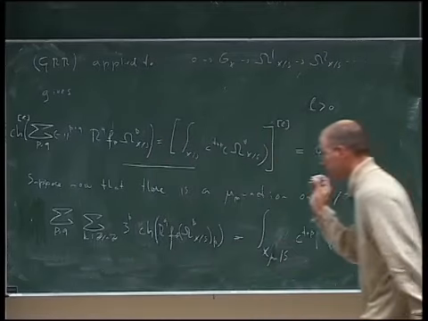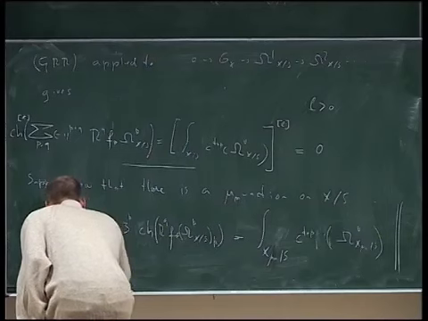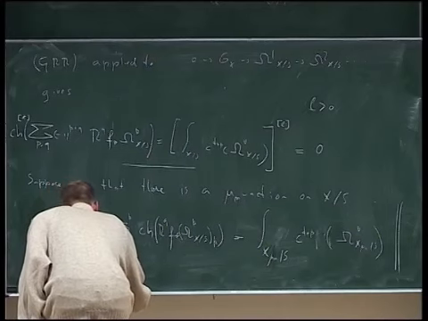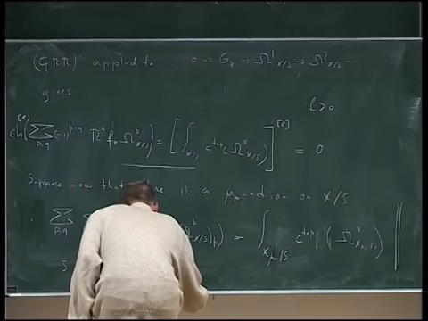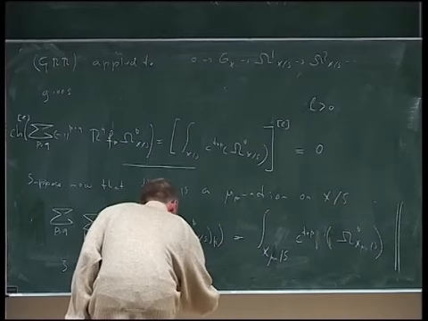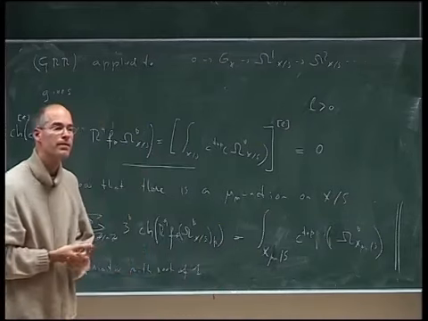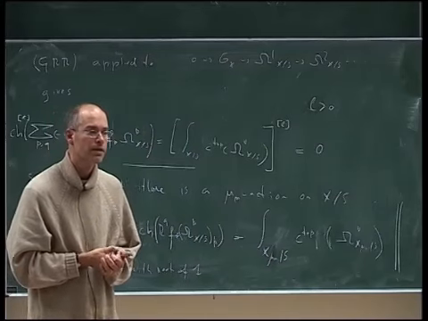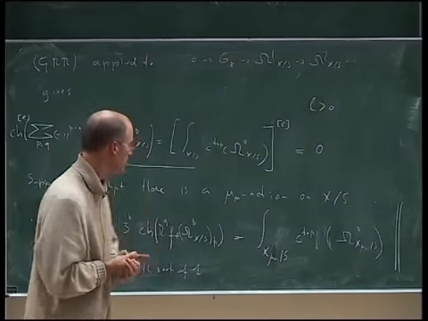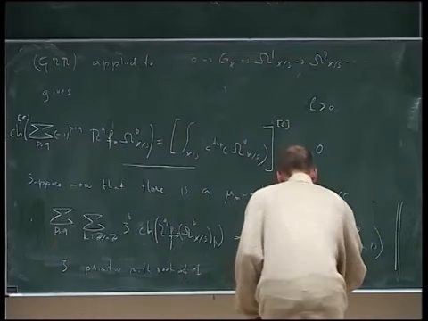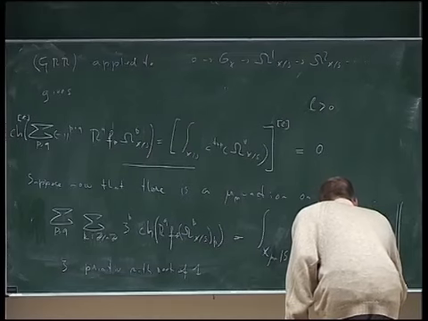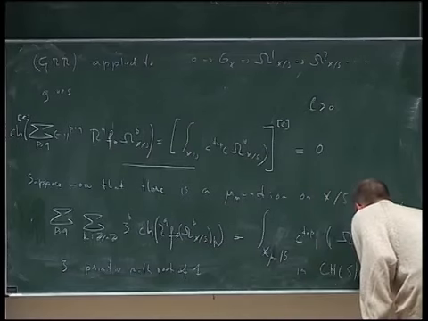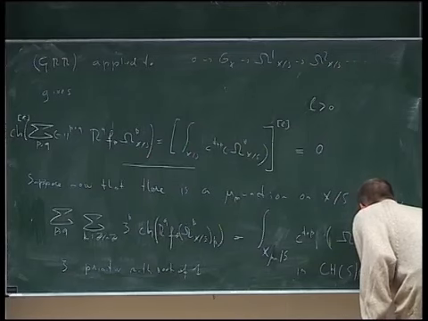Here zeta is a primitive nth root of unity. Do you assume n is invertible? No. I'm simply saying that this is in CH of S tensor Q(mu_n).